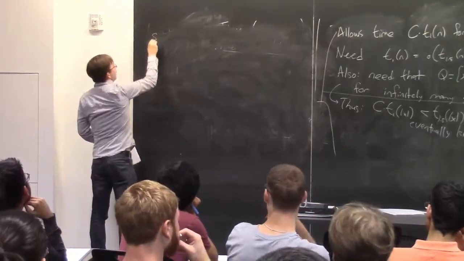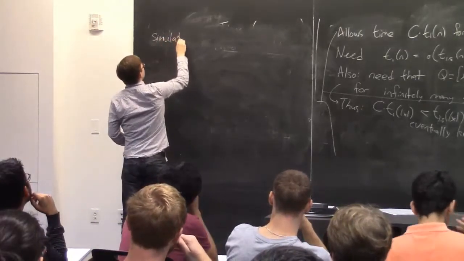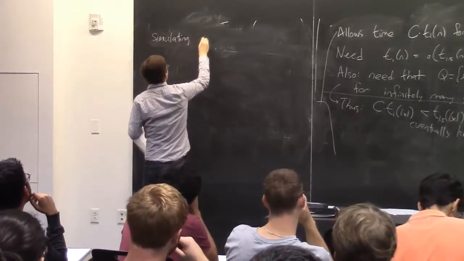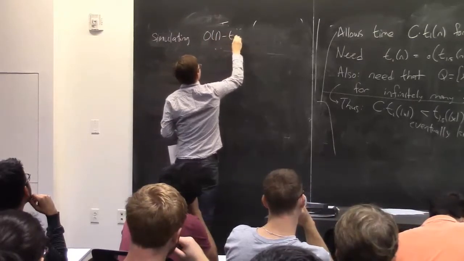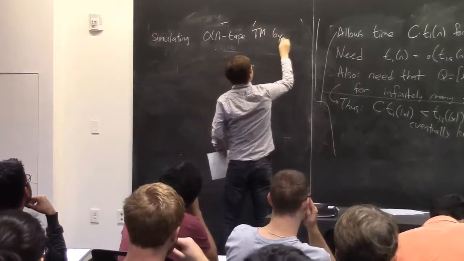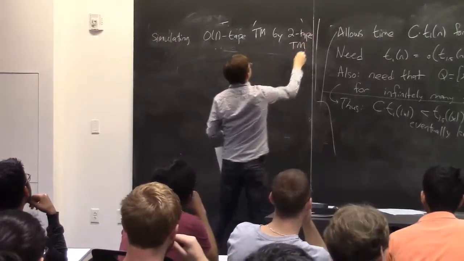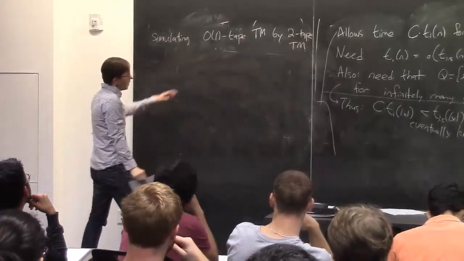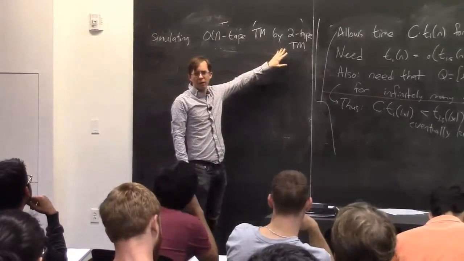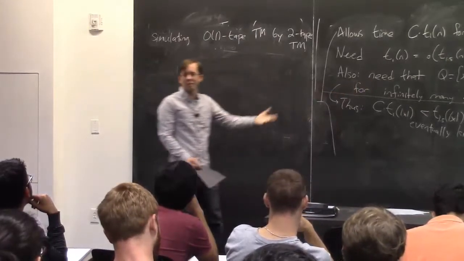If you've done this exercise before, you might know that simulating a k-tape Turing machine by a 2-tape Turing machine is doable with some slowdown. I say 2-tape Turing machine because it's really painful to do anything on a 1-tape Turing machine. So we'll definitely assume that D has at least 2 tapes.